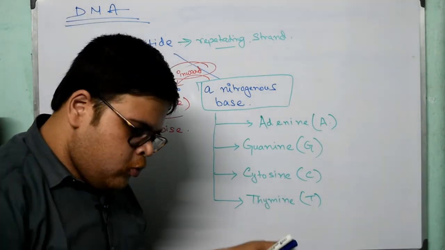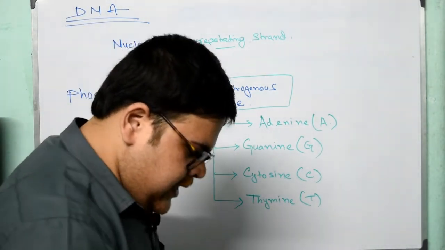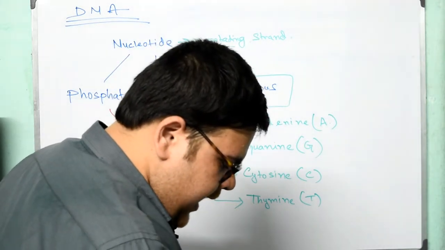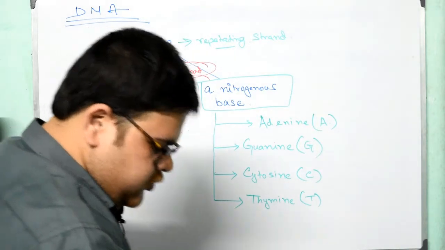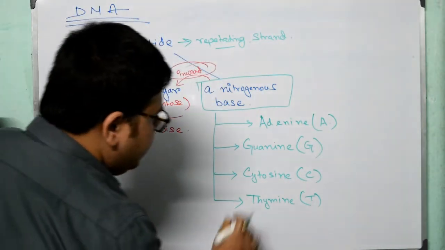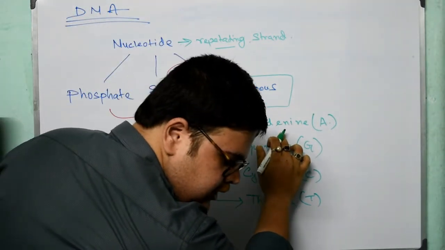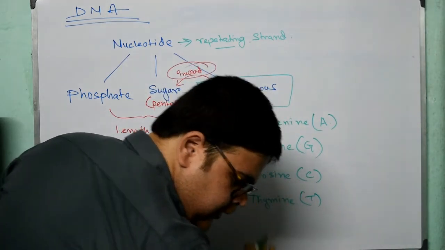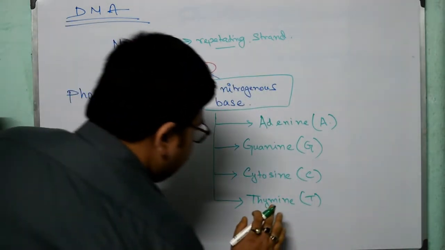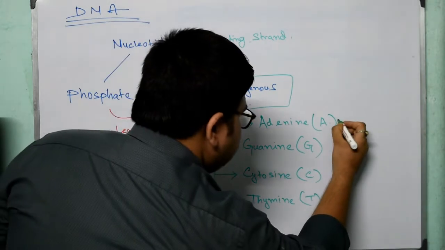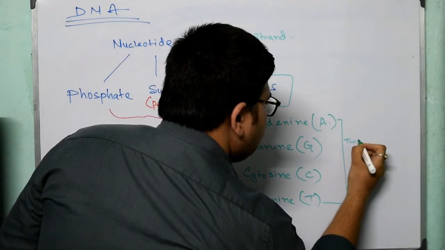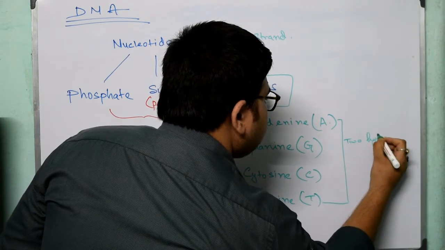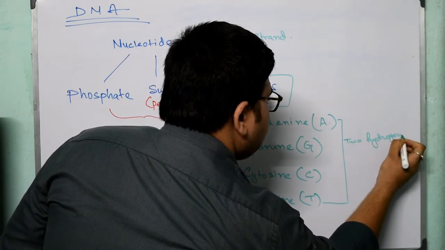Now, one more thing that you need to understand here is that adenine pairs with thiamine with 2 hydrogen bonds. Adenine pairs with thiamine. Okay. This pairs with this with 2 hydrogen bonds.